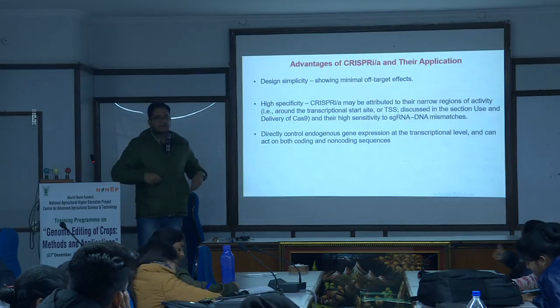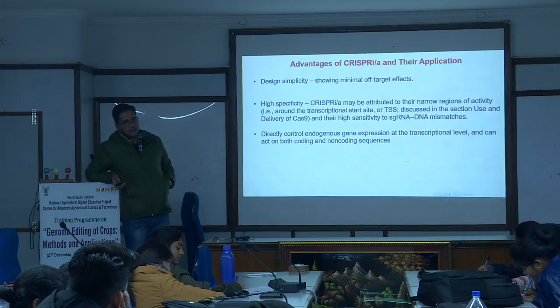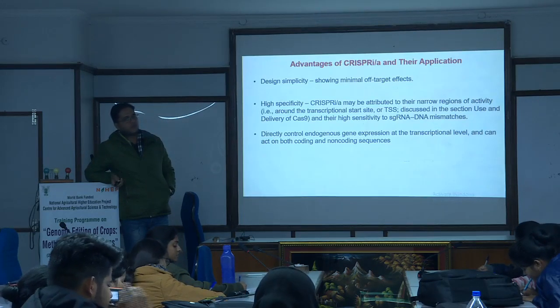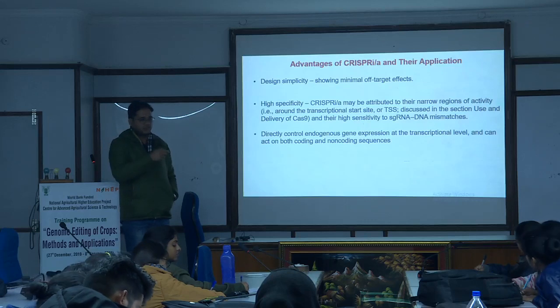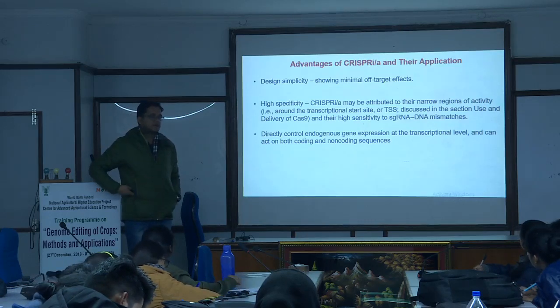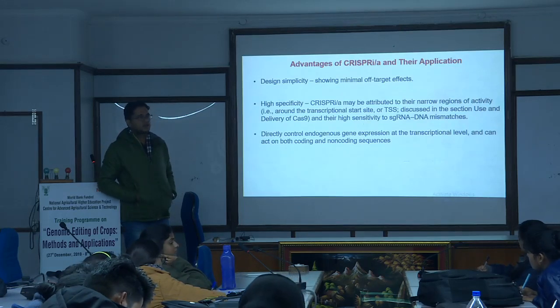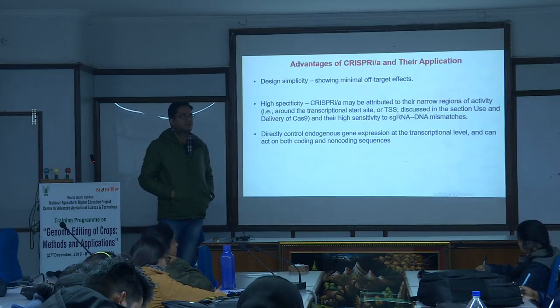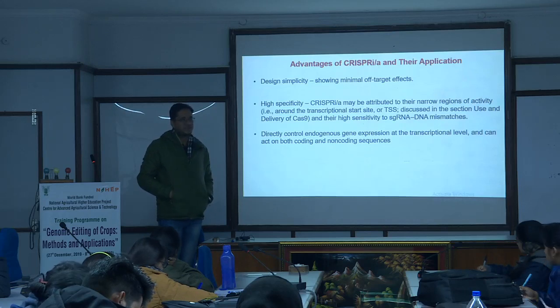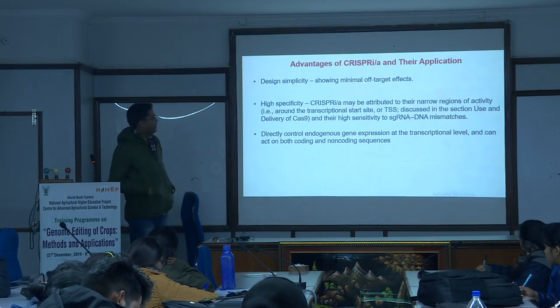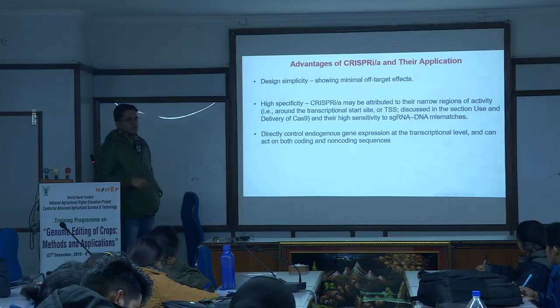So what is the advantage of this CRISPR interference and activation system as compared to the RNA interference system? This you have to tell me. What do you expect? Yeah, less off target, but then with RNA interference you won't expect off target also. Yeah, it is simplicity in design. Very simple design.